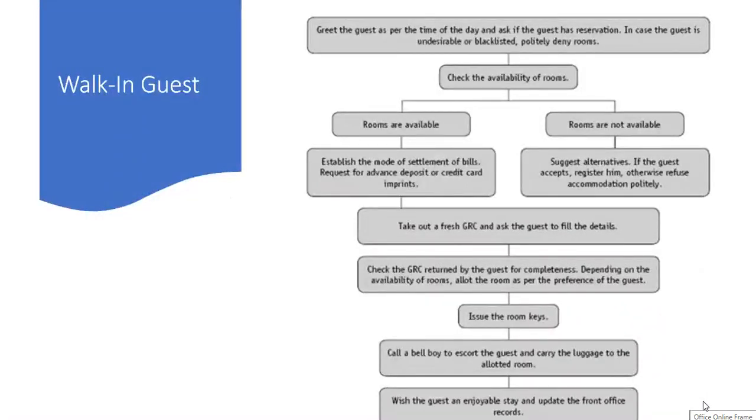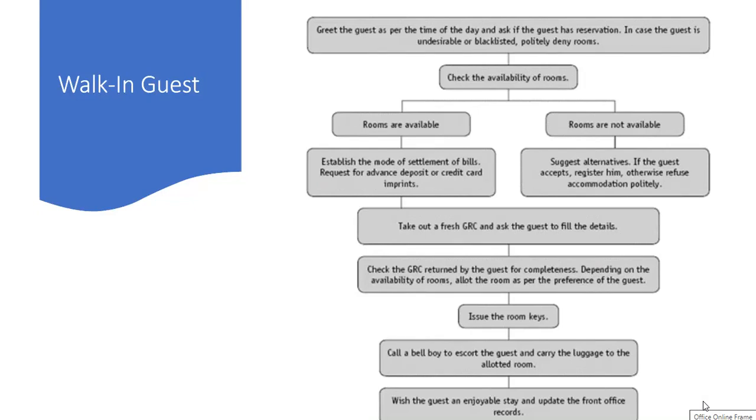Now for the walk-in guest, we greet the guest as per the time of the day and ask whether the guest has a reservation. In case the guest is undesirable or blacklisted, we politely deny the rooms. We check for the availability of the rooms. If rooms are available, we establish the mode of settlement of bills and request the guest for an advance deposit or credit card imprint.